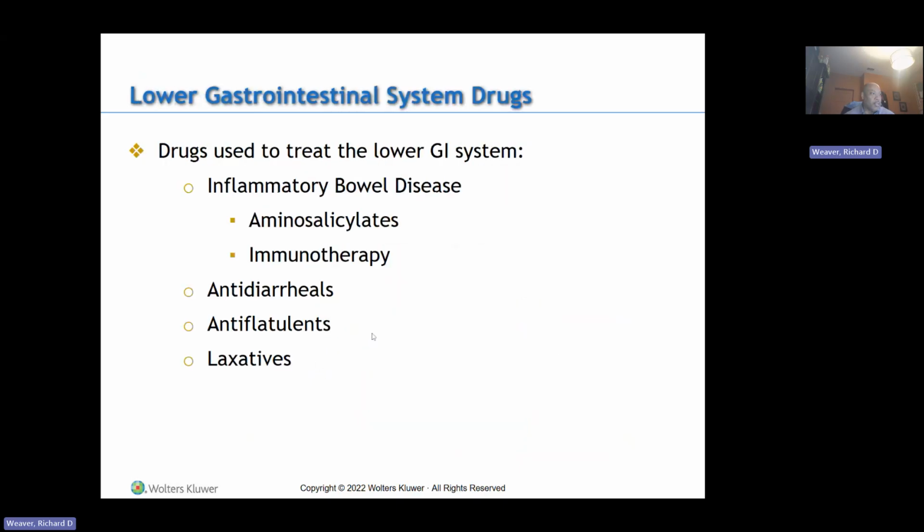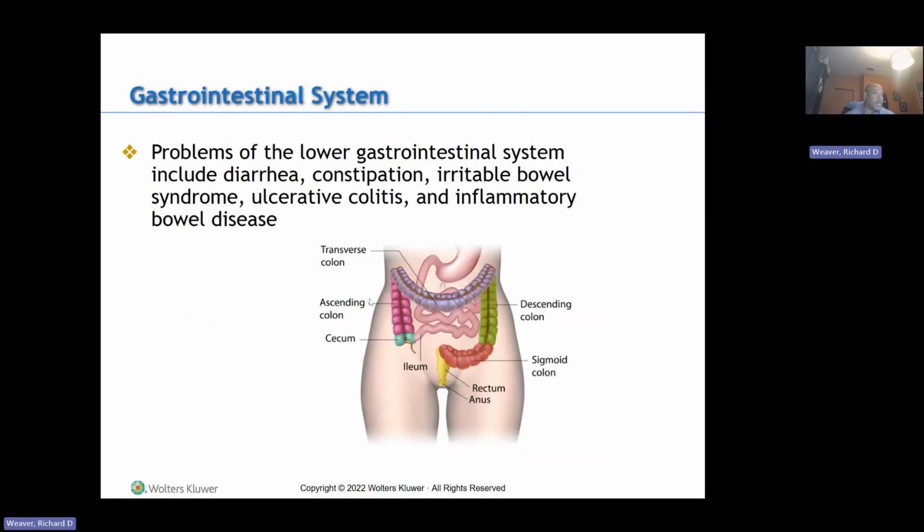As you guys can see here, the portion where you see my mouse moving is the small intestine, but that's not for the most part what we are focused on in this particular chapter in terms of lower GI systems. The portion of the lower GI system that we focus on consists of, for example, the cecum, the ascending colon, because it's going up this direction, and then the transverse colon, it goes across, right?